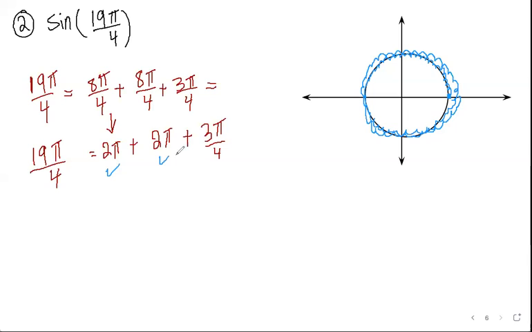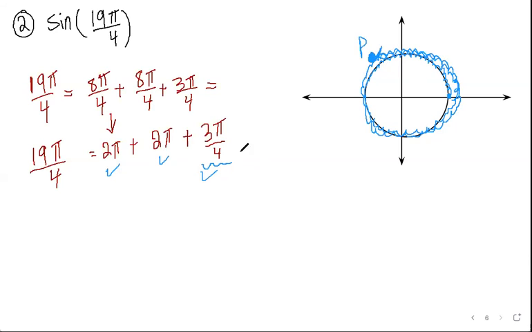I stop again. I finish this 2 pi. Now I have to walk 3 pi over 4 around the unit circle like this. 3 pi over 4 stops here, this point. So I finish it. Actually, I stop in the second quadrant.